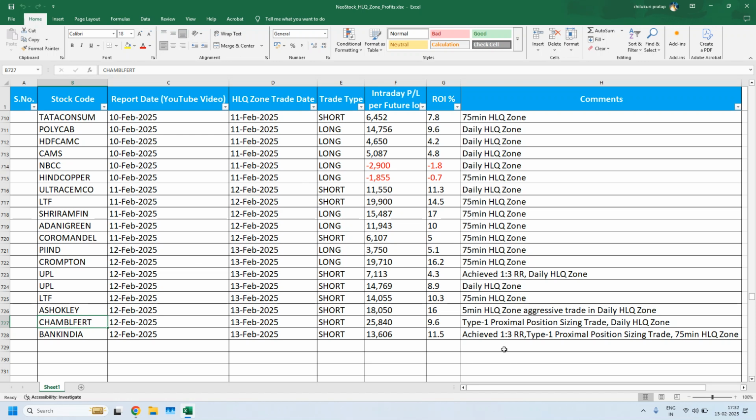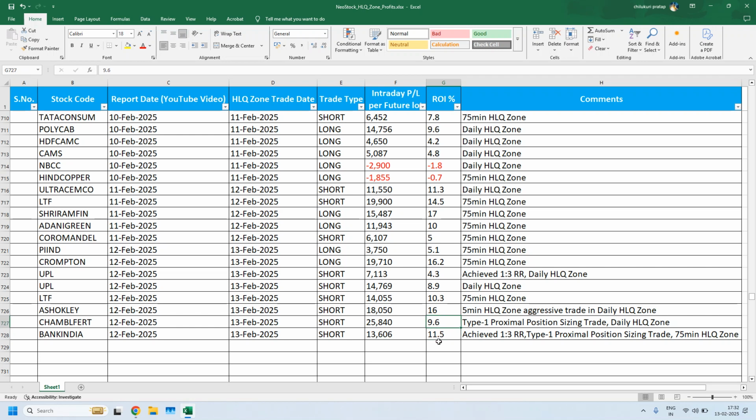Chambal Fertilizers, if it is a futures trade, strictly speaking it is not a futures trade. That's why, to make you understand, I have written this text. This is a type 1 proximal position sizing trade. But even though it is position sizing, from the futures point of view, if you would have bought one future, on the total investment you would have got 9.6% profit. But if you do the position sizing, you won't get that.